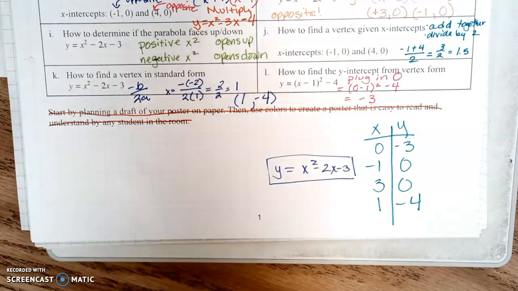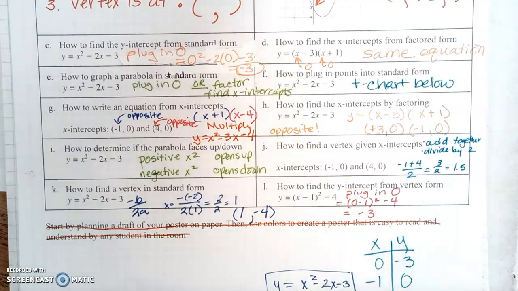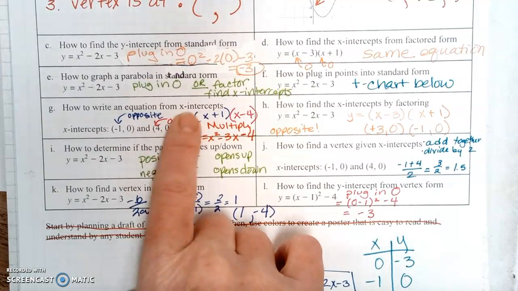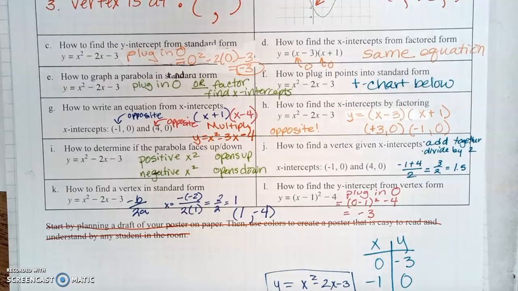All right, box G says how to write the equation from your x-intercepts. So if you have an x-intercept at negative 1, 0, you want to take the opposite of that negative 1, and you make your binomial with it.